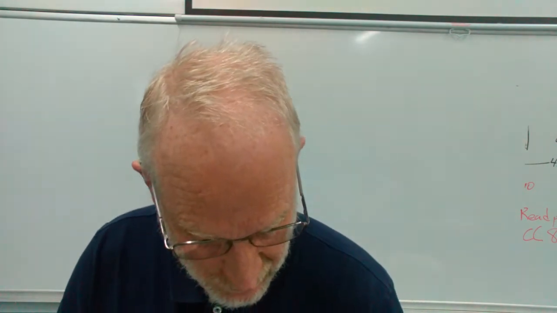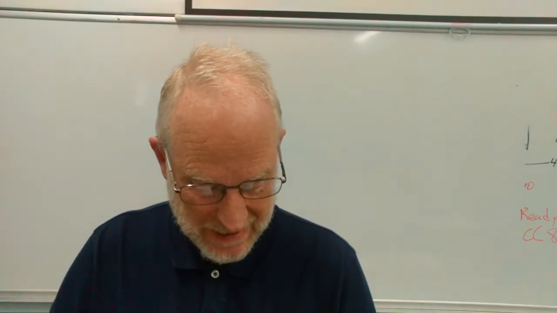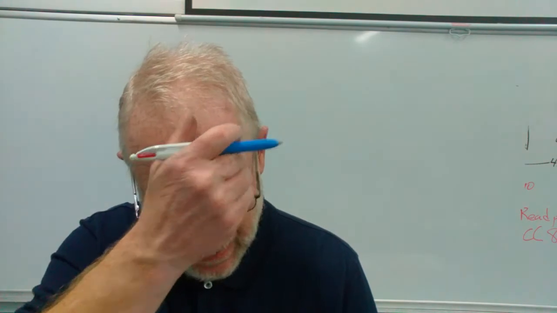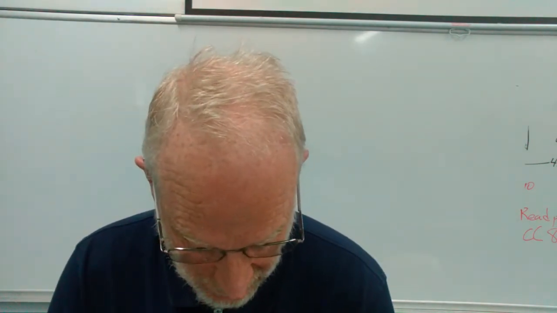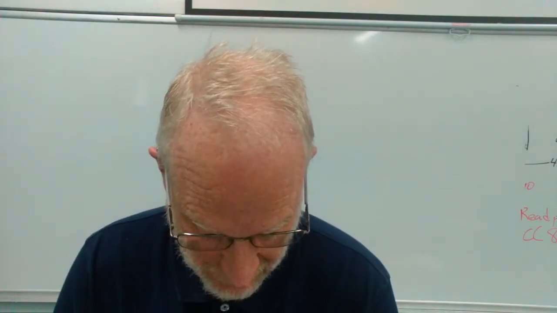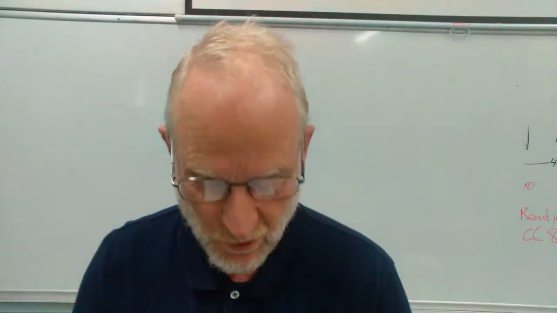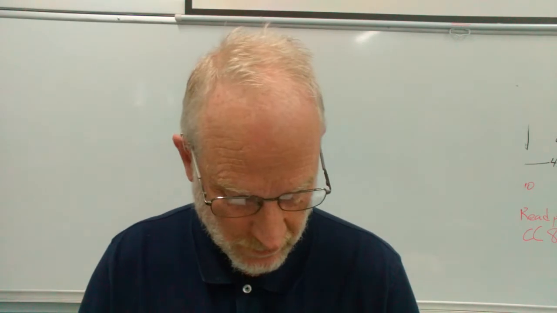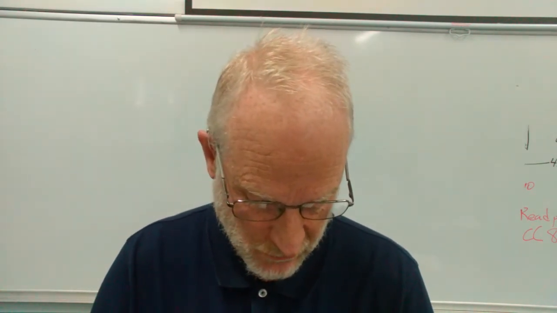Now, I want you to go through each of the rest of these sentences and do that same thing. Underline subject and verb, and there should be 2 subjects and 2 verbs underlined in each one. So you pause this and do that.